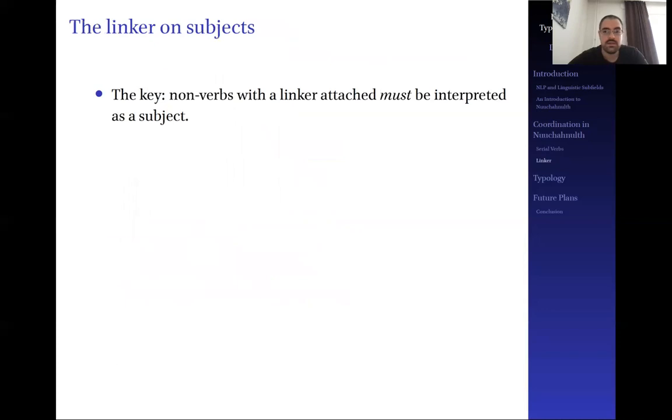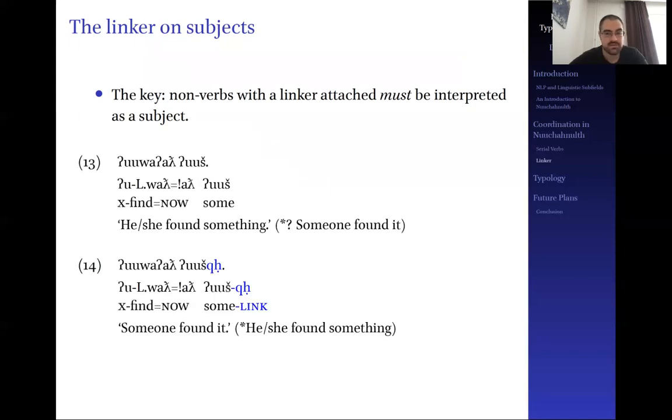So the key to understanding what's going on with the linker was that when a non-verb has a linker attached to it, it must be interpreted as the subject. So here's a pair of sentences exemplifying this.